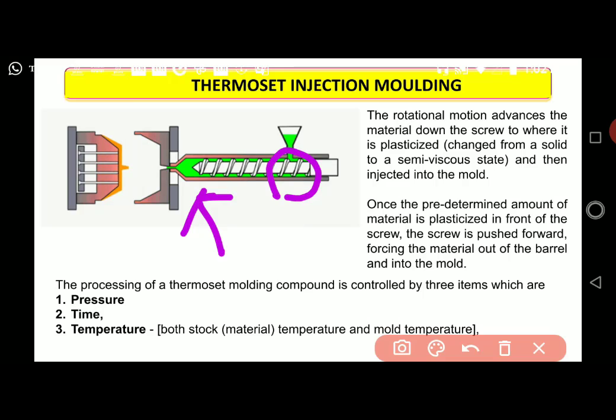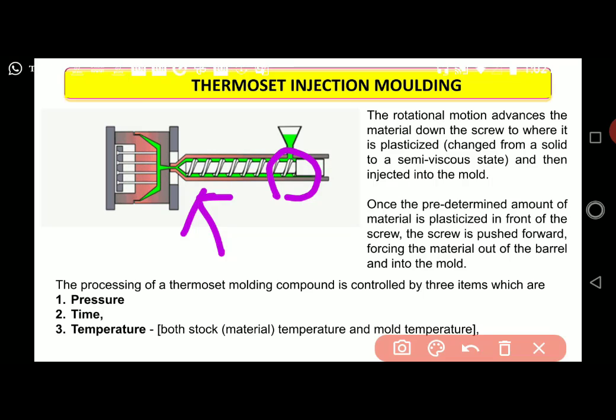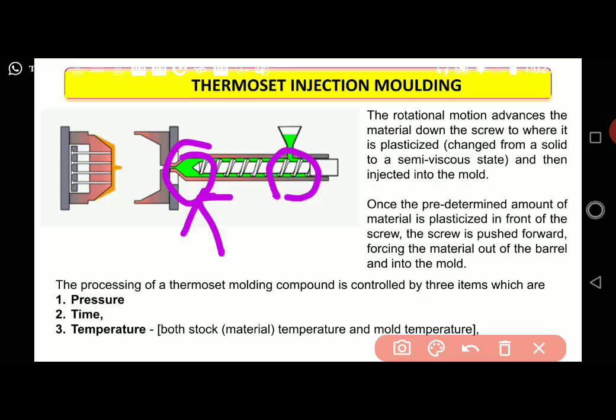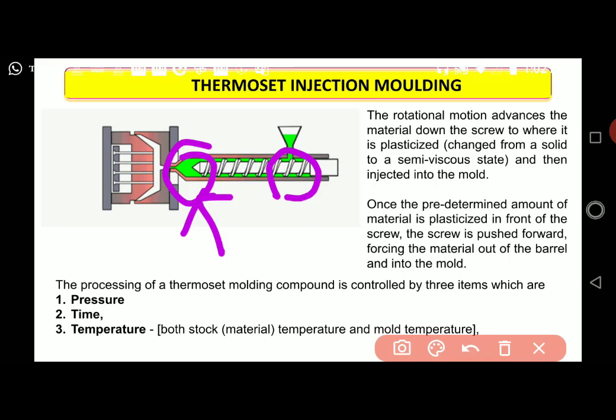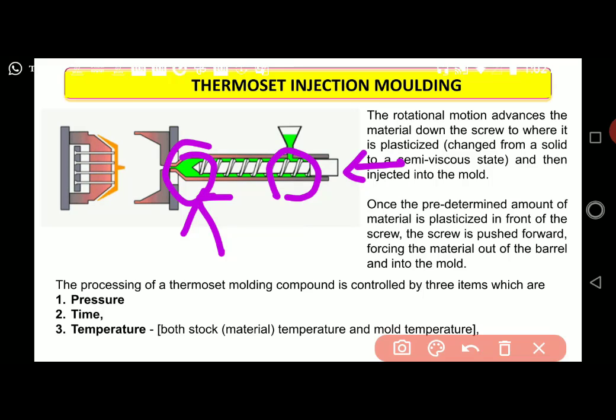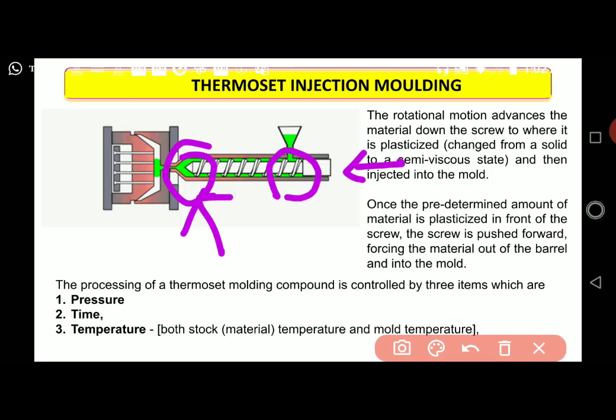Then it is injected into the mold, as you see in the animation. Once the predetermined amount of material is plasticized in front of the screw, the screw is pushed forward, forcing the material out of the barrel into the mold.